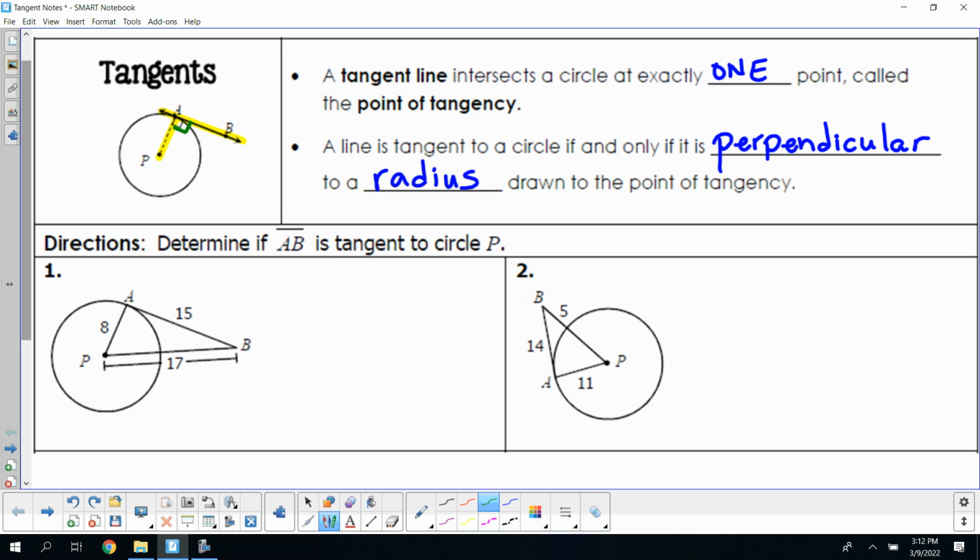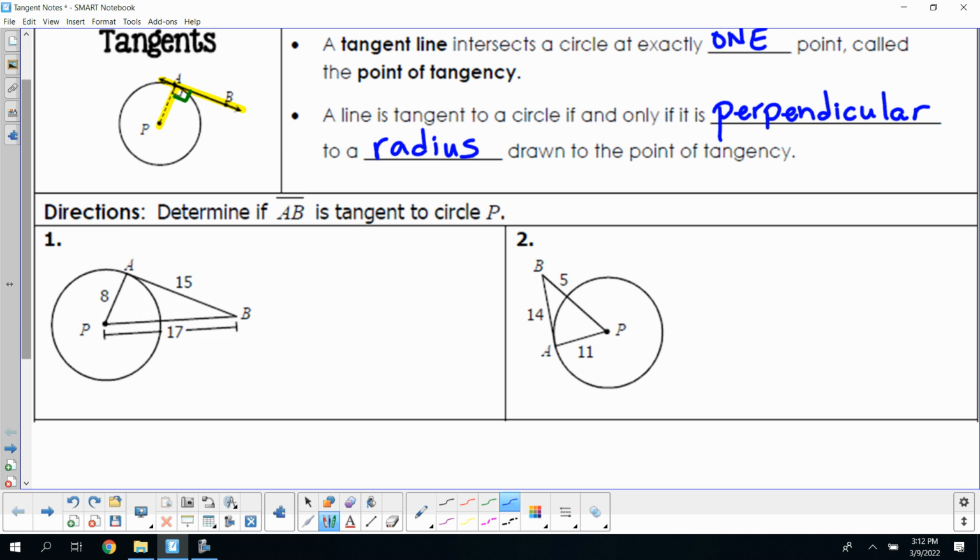Okay, keeping that in mind, we are going to check to see if AB is a tangent to circle P. So here we have our AB, and we're going to check to see, does this create the 90-degree angle that we need it to? Now this becomes a 90-degree triangle, and we remember that A squared plus B squared equals C squared.